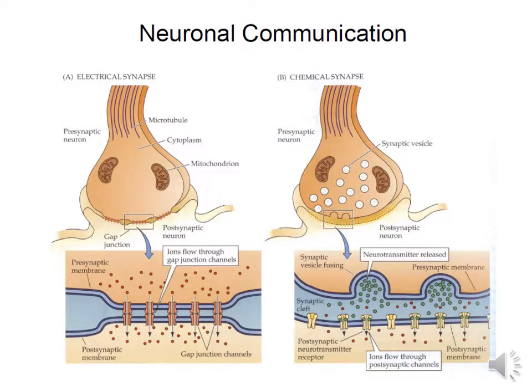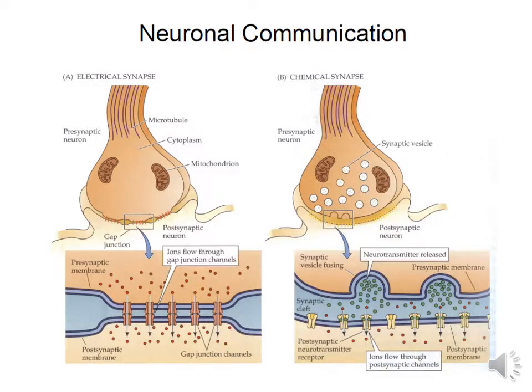When an action potential arrives at the presynaptic terminal, the electrical signal travels through the gap junction channel, inducing an inward current in the postsynaptic cell, and therefore causing a depolarization of the postsynaptic cell. This type of synapse can actually be bidirectional.